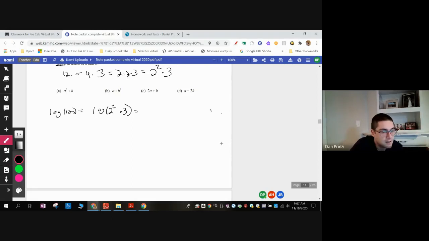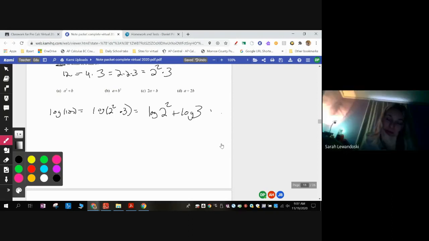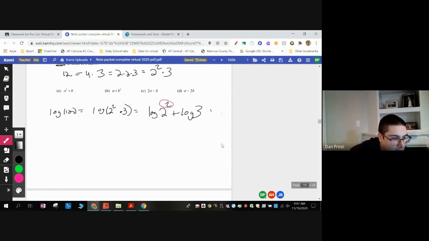So I'm going to say, okay, that's log of 2 squared, each term gets its own log, right? Plus log of 3. Is everyone okay with that? That's one of the properties we just did. What's the other property I could actually apply here? Look at your sheet. Put the exponent in front. Yeah, can't you move this exponent down front? Thank you, Sean. Yep. So I'm going to have 2 log 2 plus log 3.